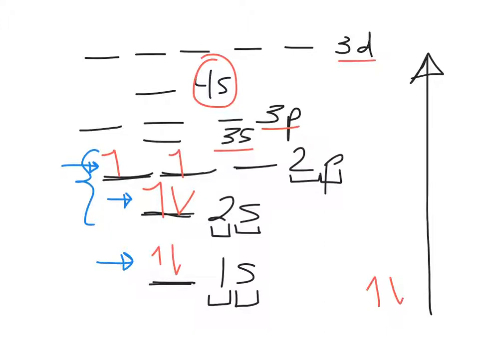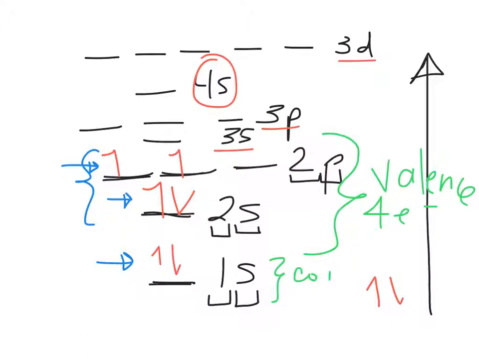The electrons in the outermost, the highest energy level, which in this case is energy level 2, are called the valence electrons. And we see that there are a total of 4 valence electrons here. Everything else that's left is a core electron. In that case, we only have 2 electrons left, so those are the core electrons. And this is going to be important because it's valence electrons that are responsible for when chemical reactions happen and atoms interact with one another.